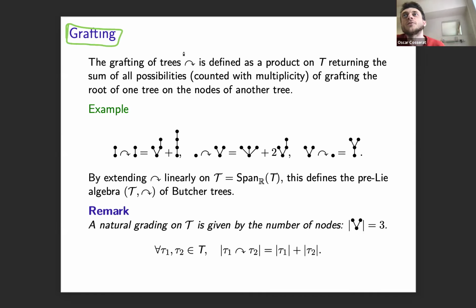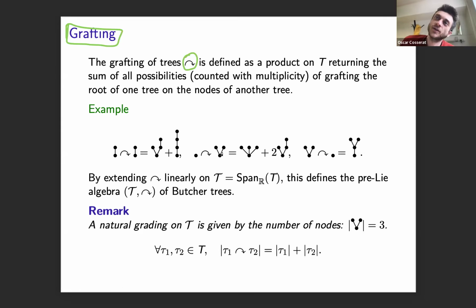So the grafting of trees has this symbol, this arrow. The grafting of trees is defined as a product on T, on the space of non-planar rooted trees, returning the sum of all possibilities, counted with multiplicity, of grafting the root of one tree on the nodes of another tree.